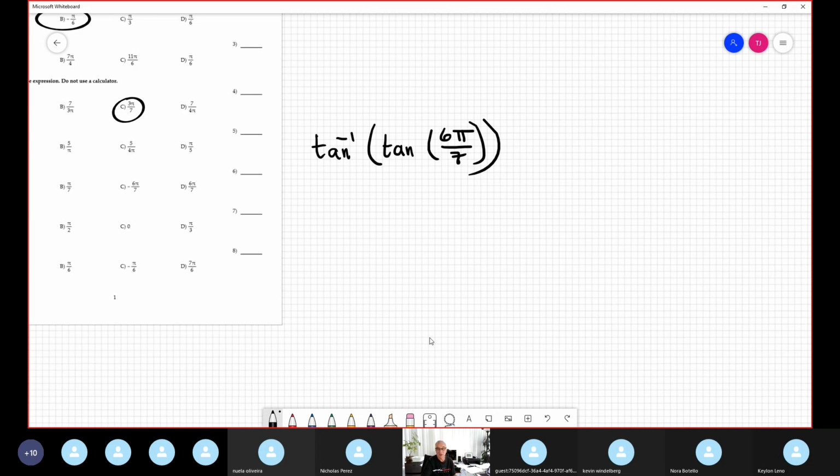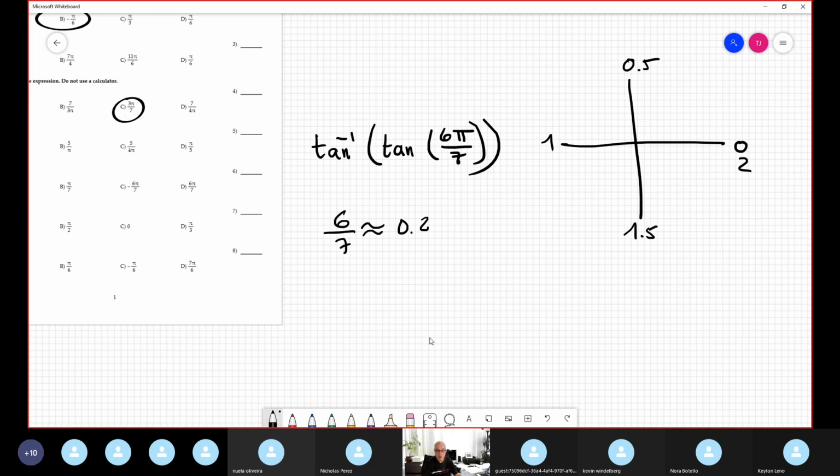One possibility is to convert to degrees, and it's just another possibility, but it's the same. This is the mnemonic divide I explained to you: 0, 0.5, 1, 1.5, and 2. And you take 6 over 7, and the decimal approximation is 0.857.